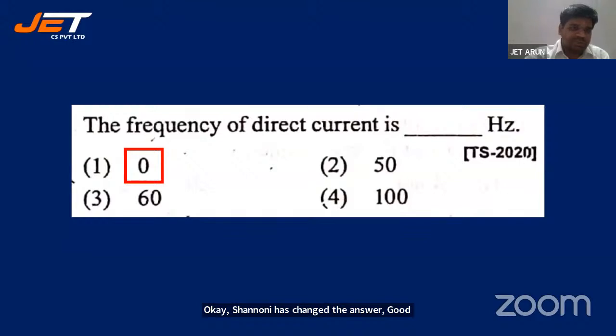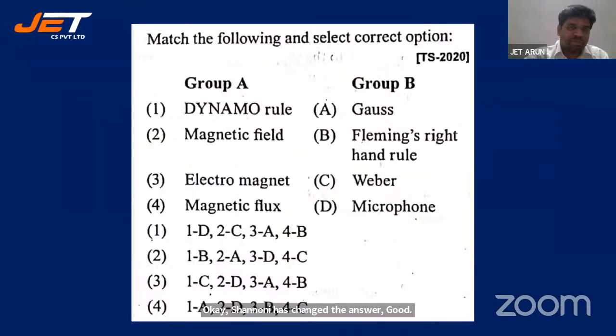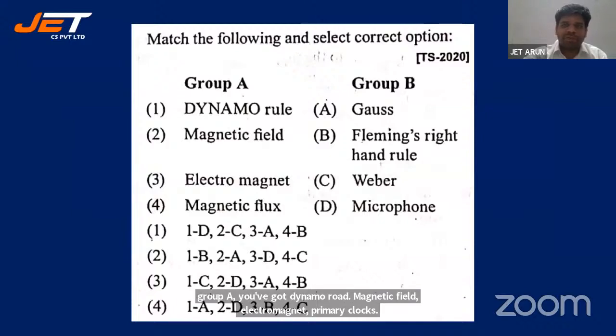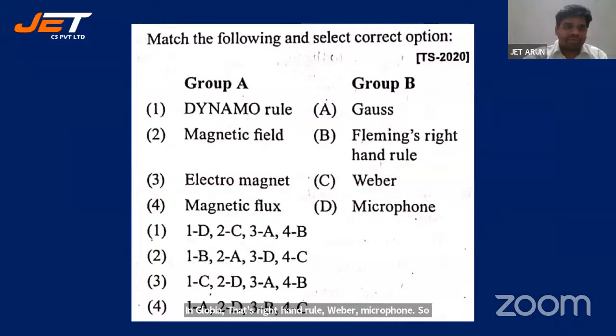Okay, let's look at the next question now. It's a matching type question. Match the following and select the correct option. In group A, you have got dynamo rule, magnetic field, electromagnet, magnetic flux. In group B, you have got Gauss, Fleming's right-hand rule, Weber, microphone. So you have got to match group A to group B. Be careful, students.